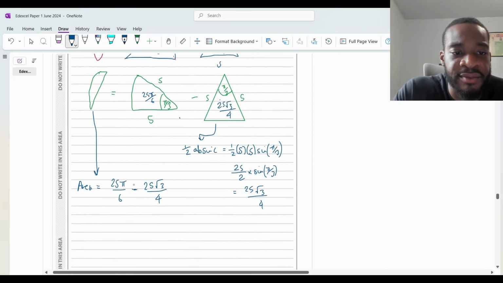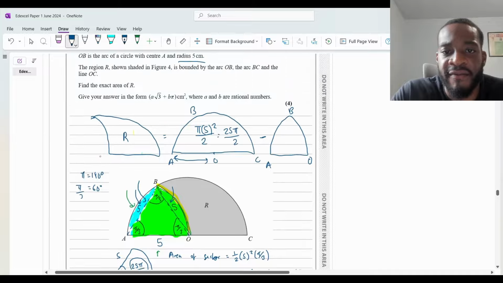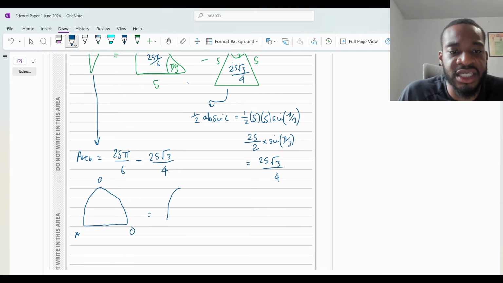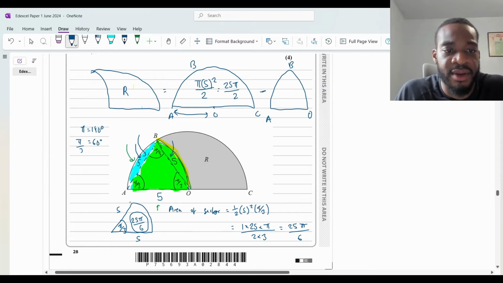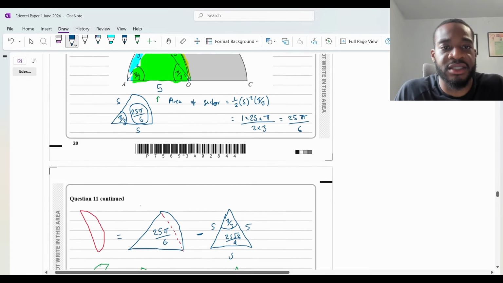So just so it's super clear, this area here, which was ABO, yeah, ABO, is equal to this area here plus the area of that sector. You just write them all. That's AB, that's A and B, and then this is A and then BO, isn't it? Yes, perfect.